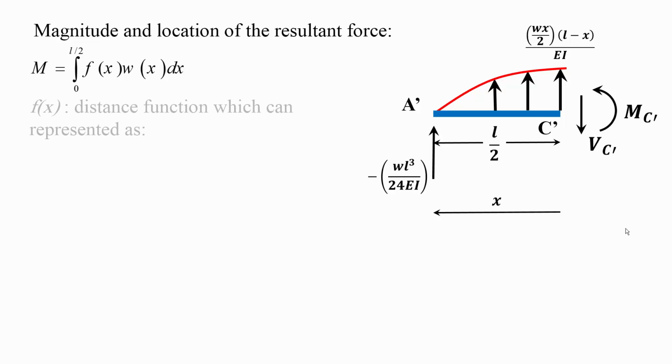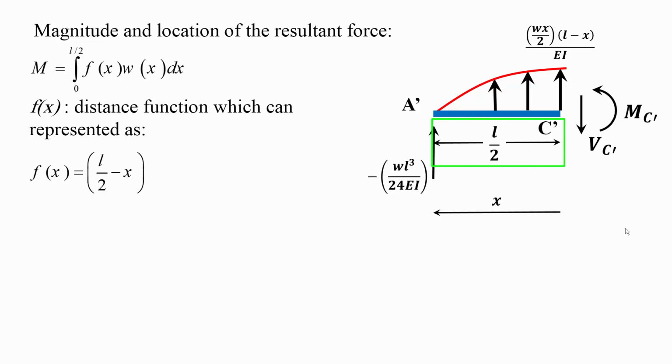One will ask, what is Fx? Fx basically is a distance function. A distance function can be represented by L over 2 minus x. So let's take a look at this distance function. If x was 0, and I'm measuring x from the midspan toward the left, the distance Fx should equal L over 2.